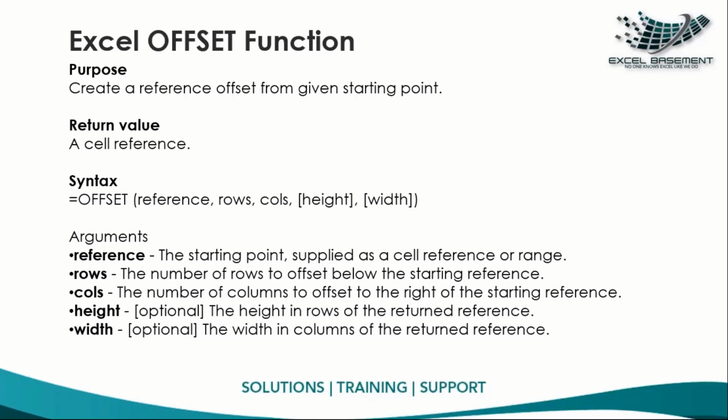The purpose is to create a reference offset from the starting point, showing how the OFFSET function will move. It will return a cell reference, and remember that OFFSET is practically used with other functions as well. It is a combination of different functions altogether.